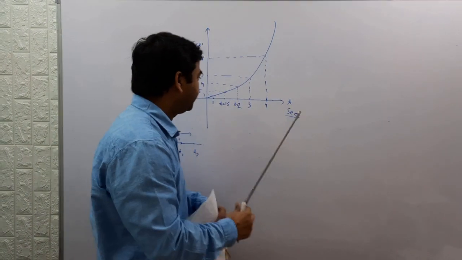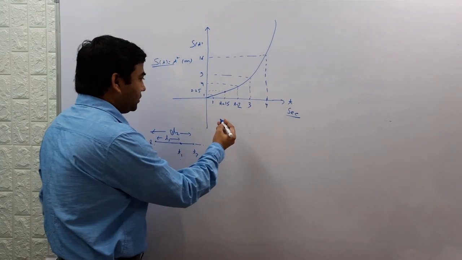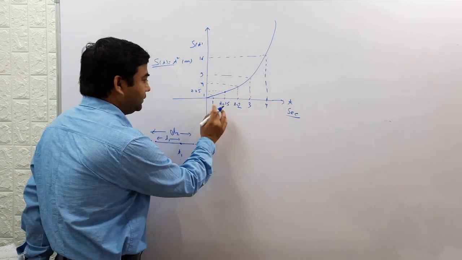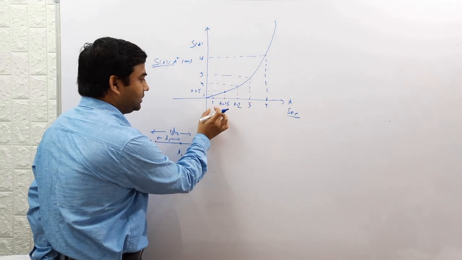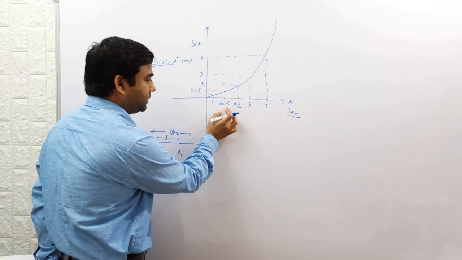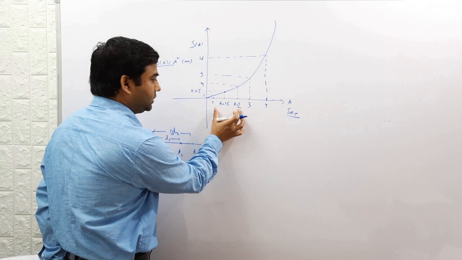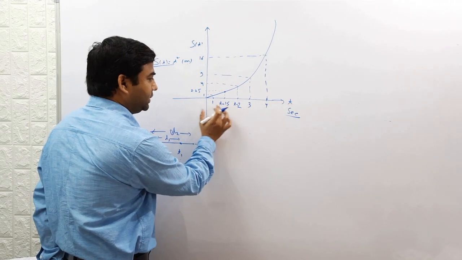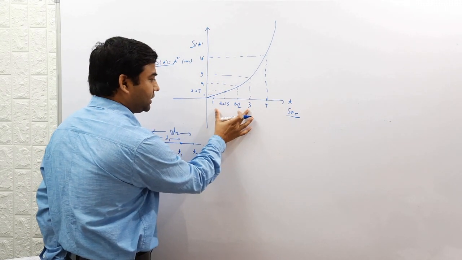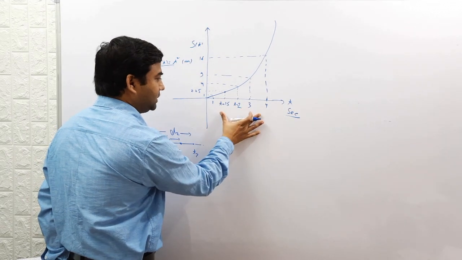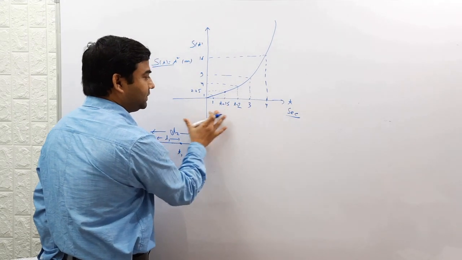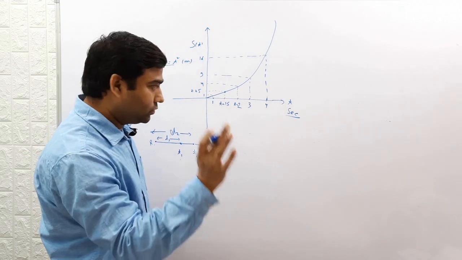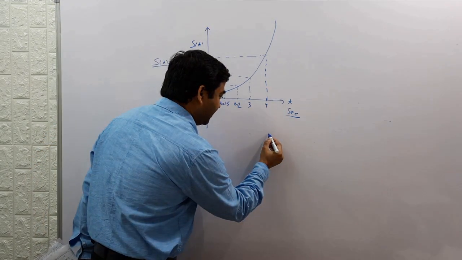What we will do, we will take time intervals from t equal to 1 to t equal to 1.5, from 1 to t equal to 2, that is 1 second, from 1 to t equal to 3, that is 2 seconds, and 1 to 4, that is 3 seconds. These are the different time intervals. So we know the formula for average velocity.